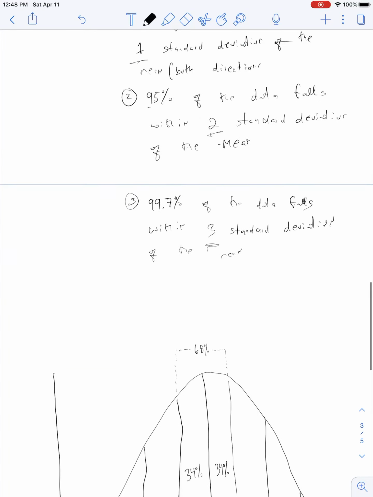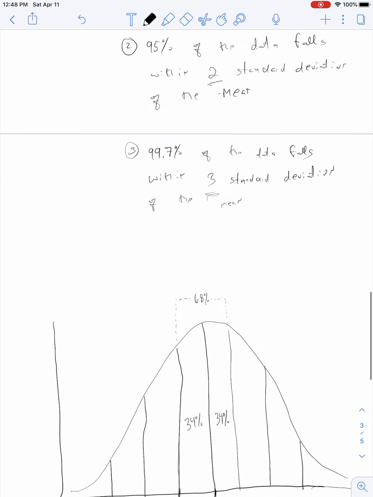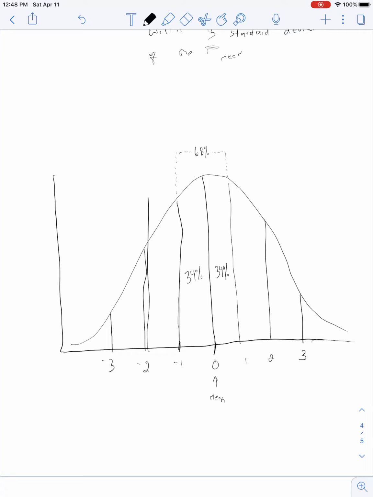The next one tells us 95% is 2 standard deviations from the mean. So now all of this is 95%. But we already have 68% in there, so we have to subtract 95 minus 68.